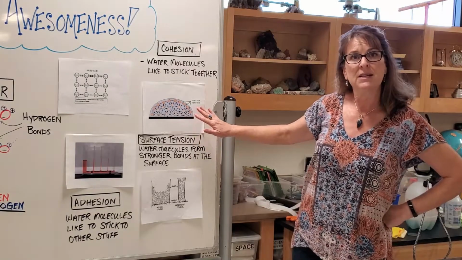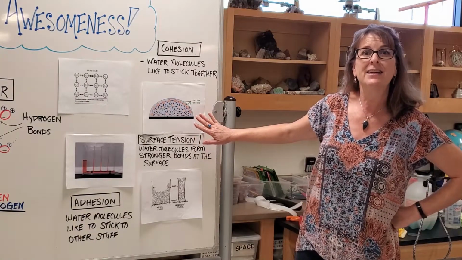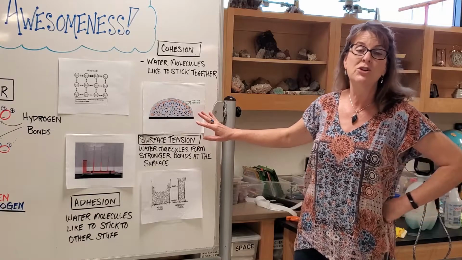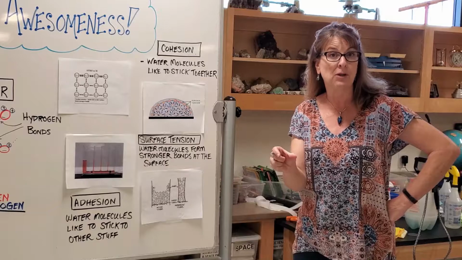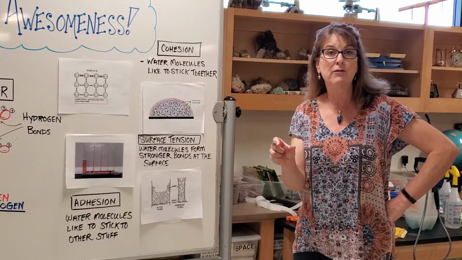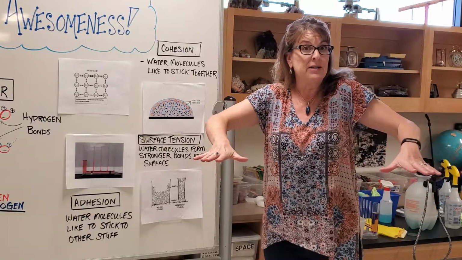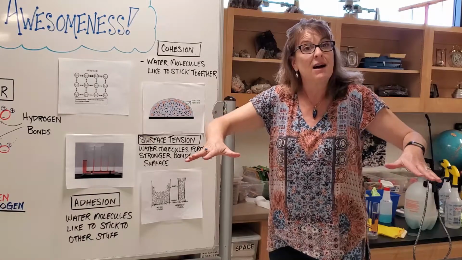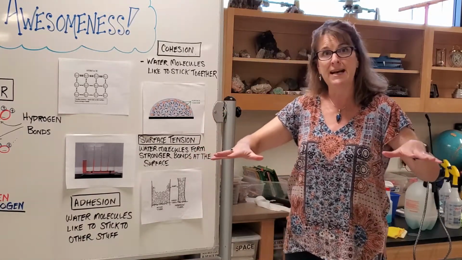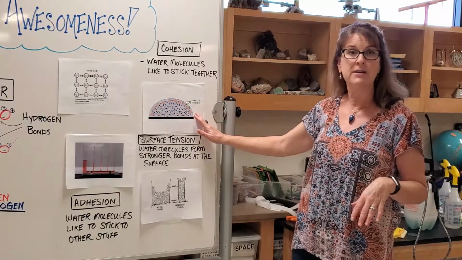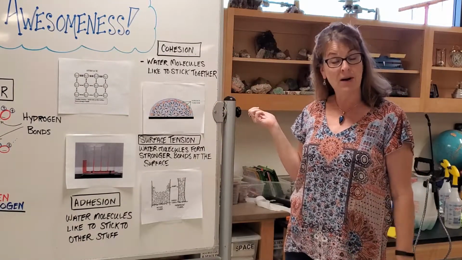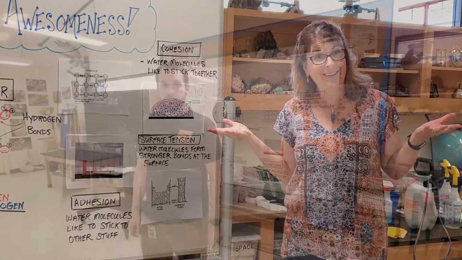Those bonds can be so strong that sometimes they can hold up objects that would normally sink in water, like trying to float a paperclip on a cup of water, or you've seen bugs holding themselves up on top of the water before. They're doing that because of this surface tension caused by the cohesive bonds of water.